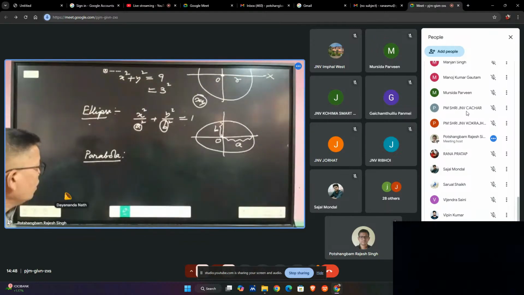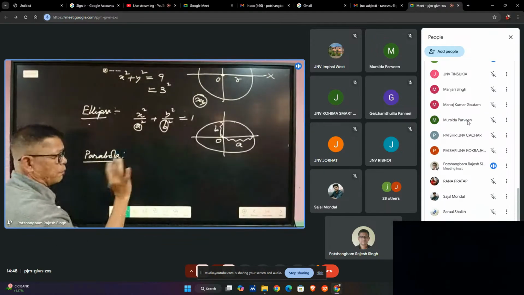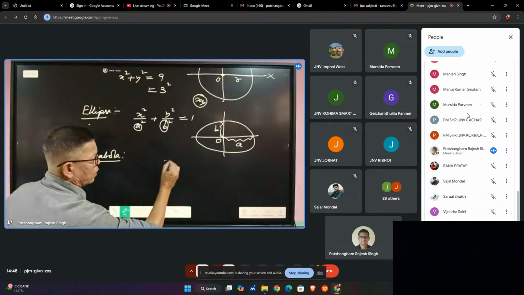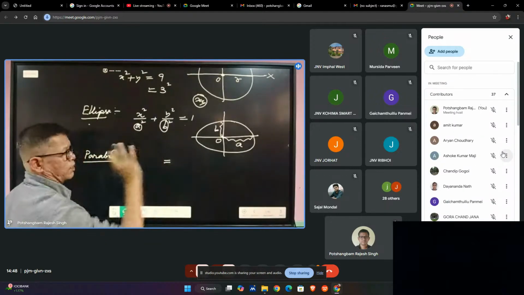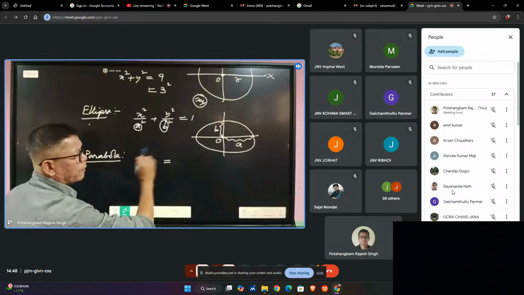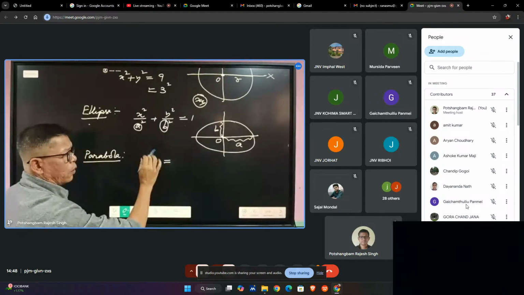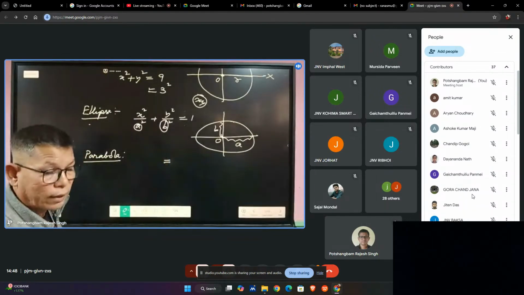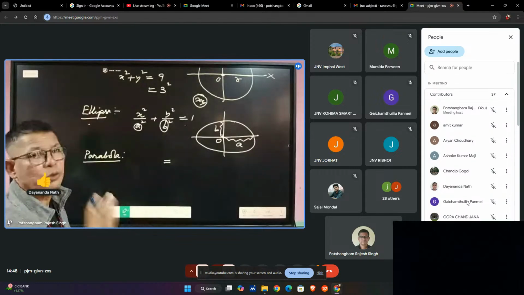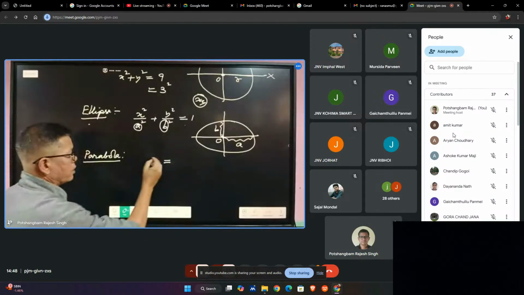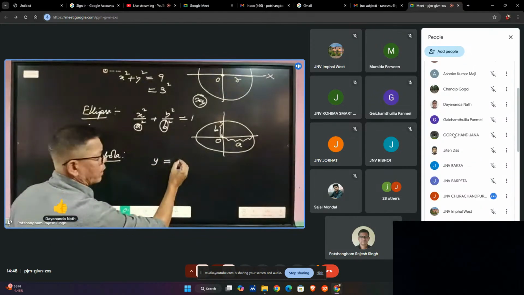Regarding the equation of a parabola, the equation should involve two variables. Amongst the two variables, x and y, one variable should have degree 1 and the other should have degree 2. For example, one is variable y and the other is variable x.